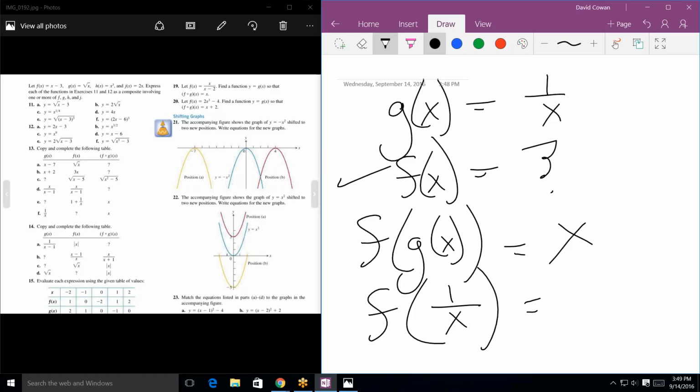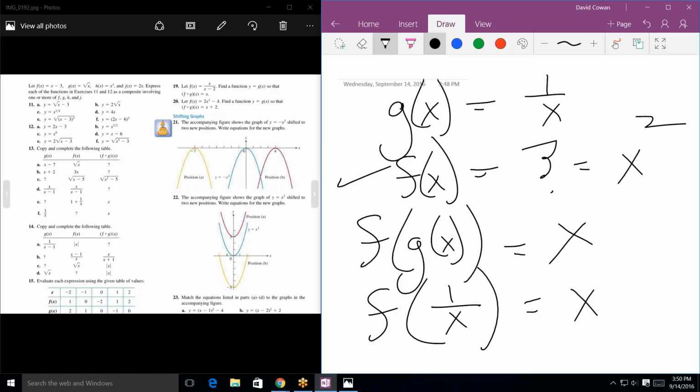So f of 1 over x has to be equal to x. So what does f of x have to be? And the best way to do these is to kind of experiment. The first thing I'm going to think of is x squared.